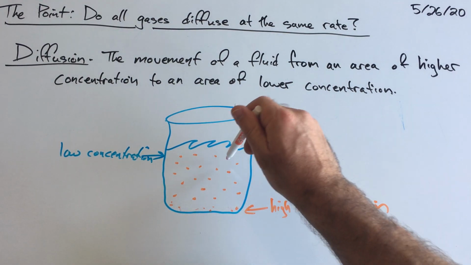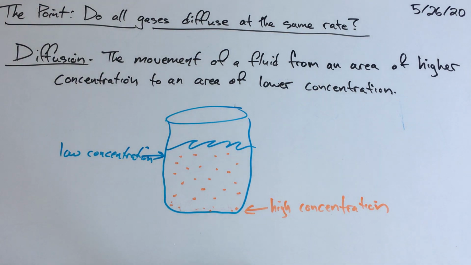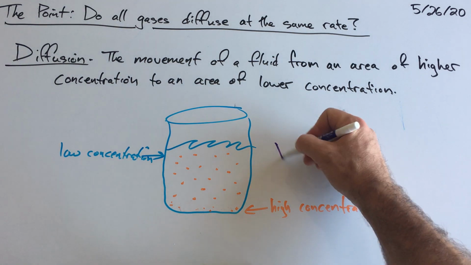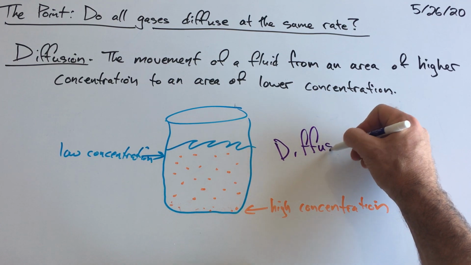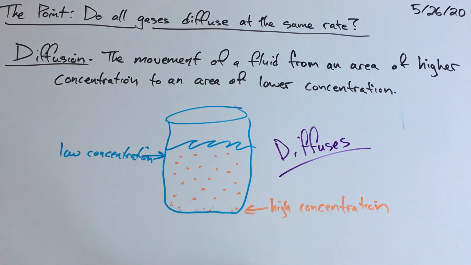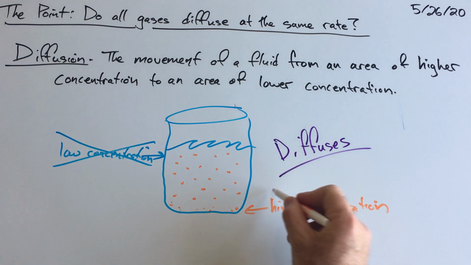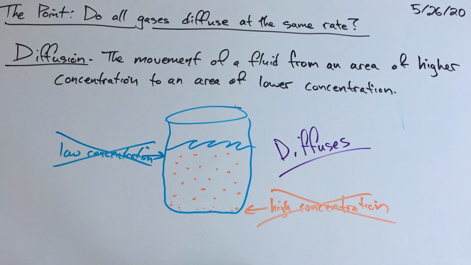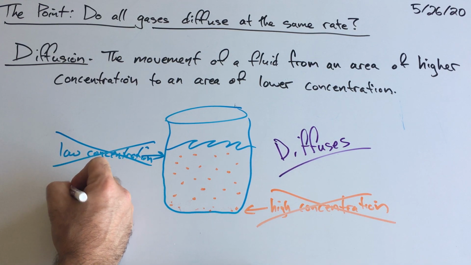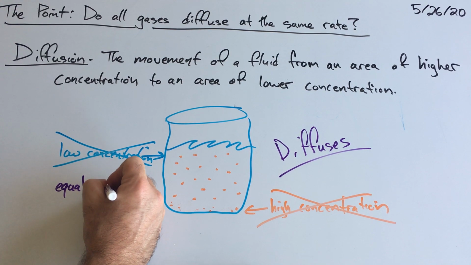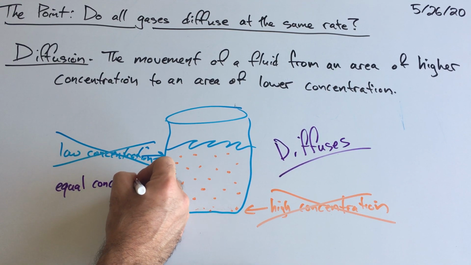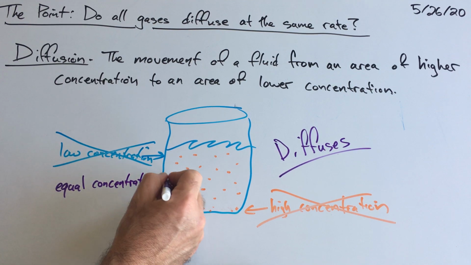And when we wait long enough, it diffuses. We now no longer have low concentration, we no longer have high concentration. We have diffused to equal concentration throughout.